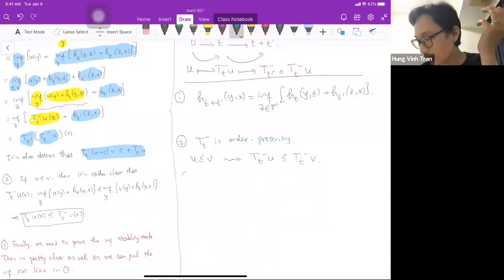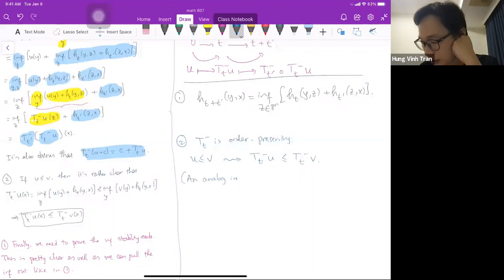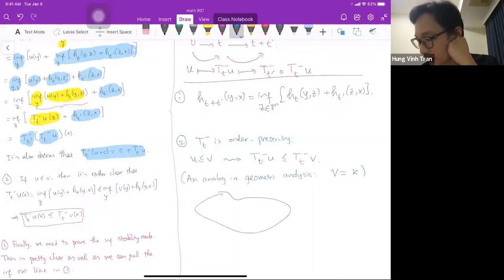For example, an analog of this in geometric analysis is the motion by mean curvature. You take two smooth manifolds.